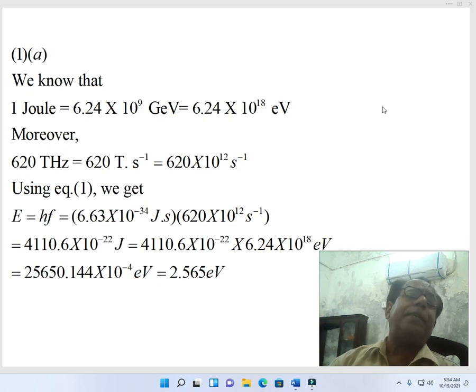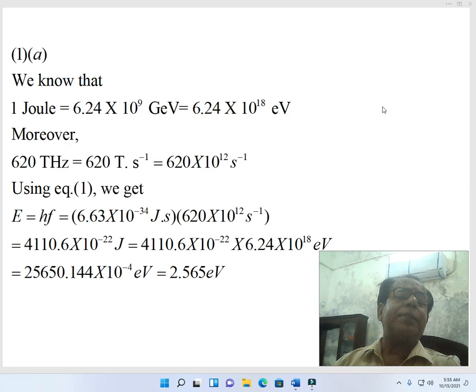Using equation number 1, we get E equal to hf equal to 6.63 into 10 raised to the power minus 34 joule second into 620 into 10 raised to the power 12 per second. Second will be cancelled with per second, so we will get E equal to 4110.6 into 10 raised to the power minus 22 joule.